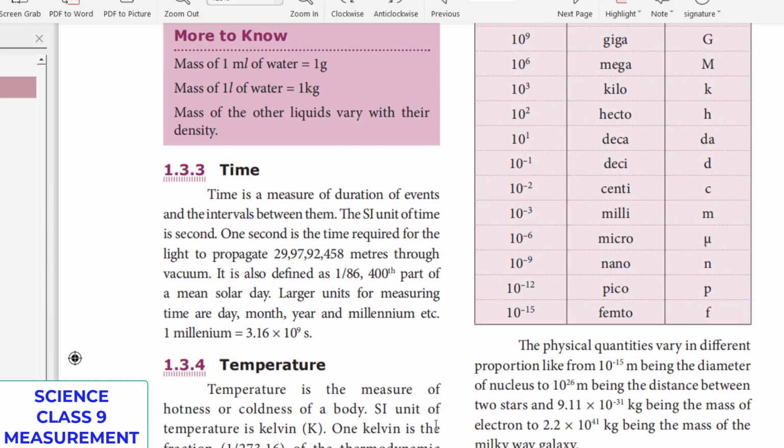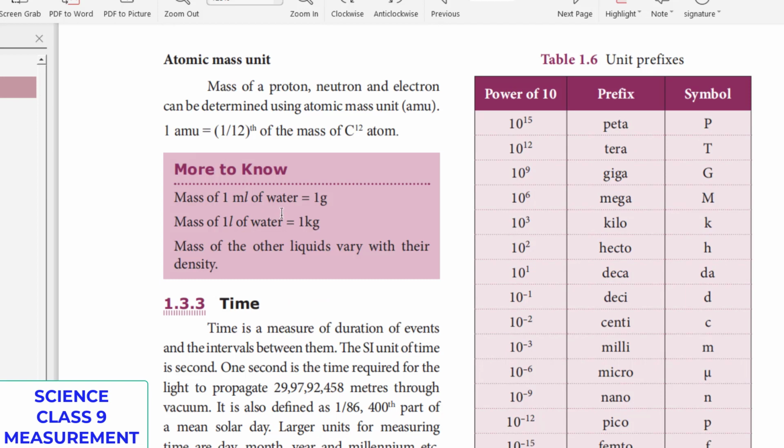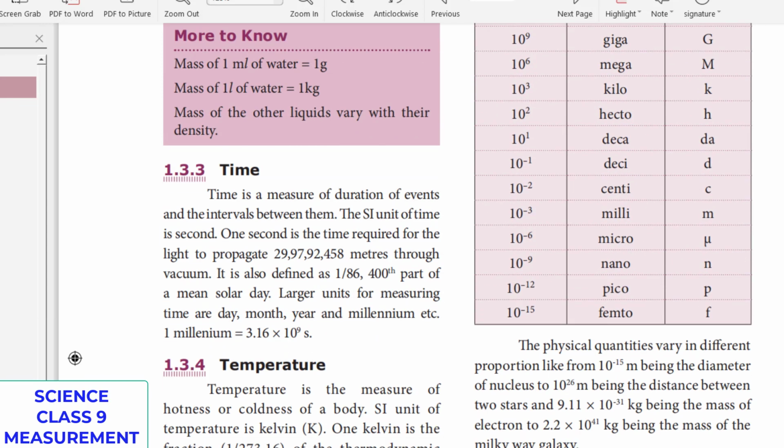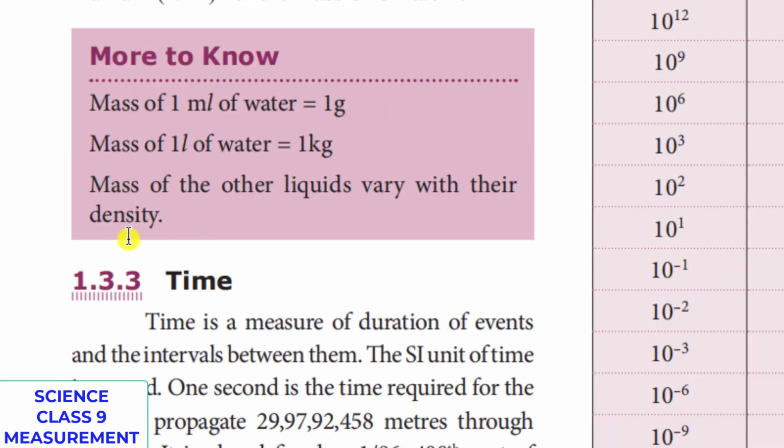That will be equal to 1 atomic mass unit. This is simply denoted as amu, using only small letters. Okay, the mass of 1 milliliter of water is 1 gram and the mass of 1 liter of water is 1 kilogram. Already we know about this important fact, is it not?